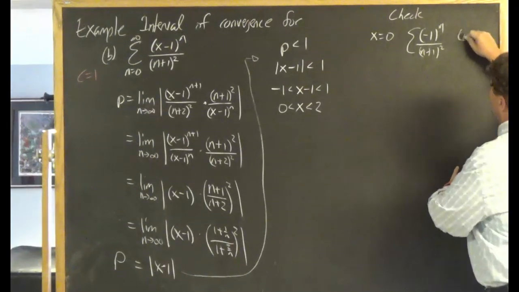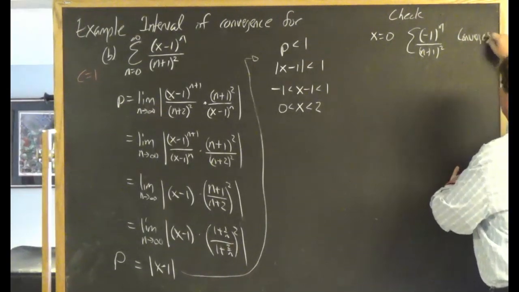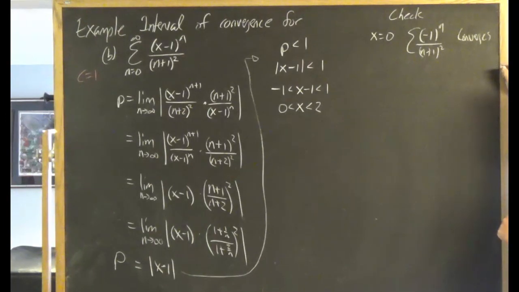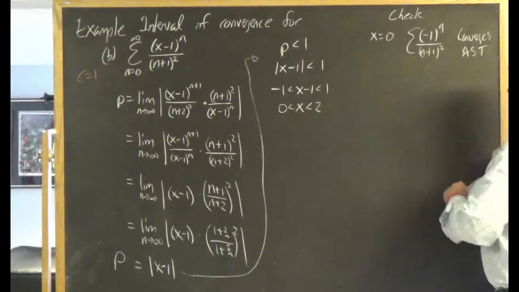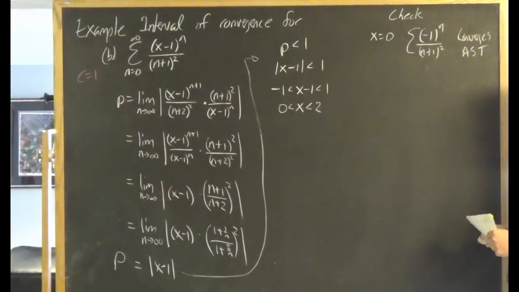I'm going to say it converges. And it converges because, and I'm not going to write all this down, but you should check it, this is an alternating series. When I crank it through the two key parts of the alternating series test, that's how I know it converges. It's the alternating series test.